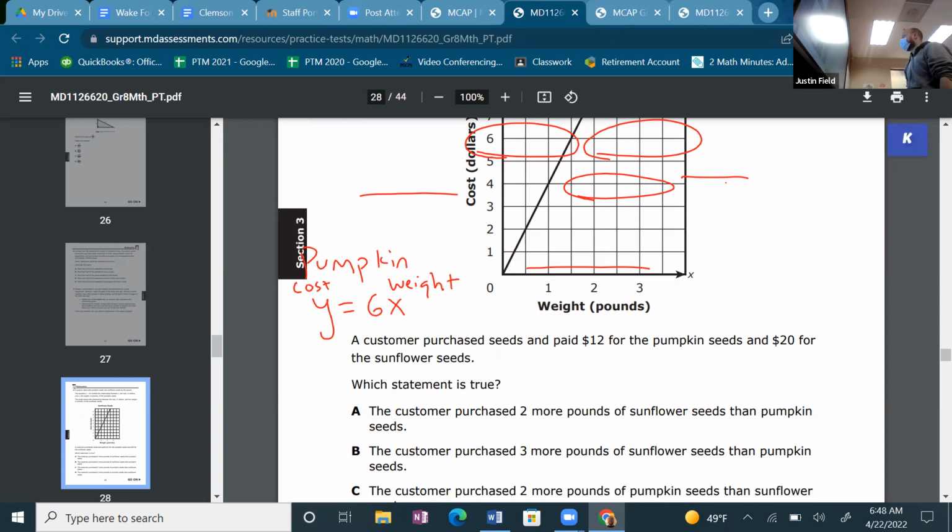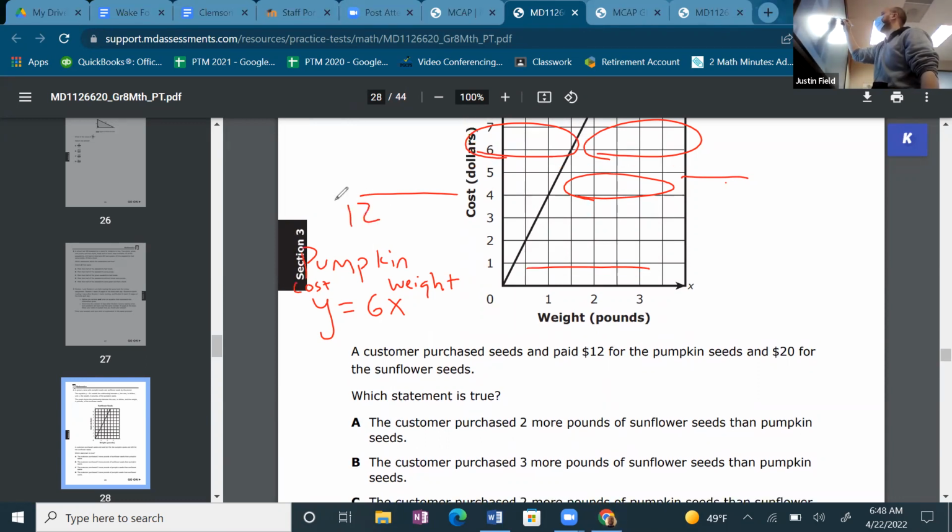All right. So $12 for pumpkin seeds. So we know that we got 12. That information over there. And $20 for the sunflower seeds. Which statement is true? Purchase 2 more pounds of sunflower seeds than pumpkin seeds. Can we figure out? We know the cost, right?